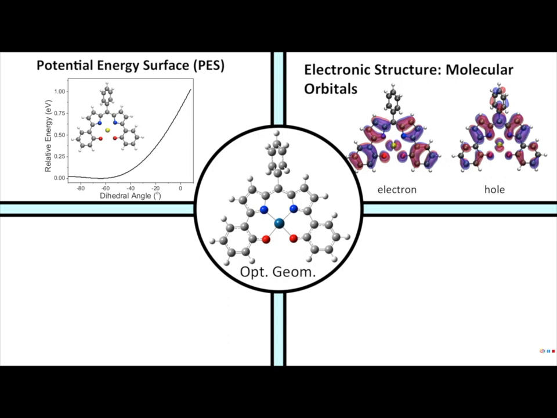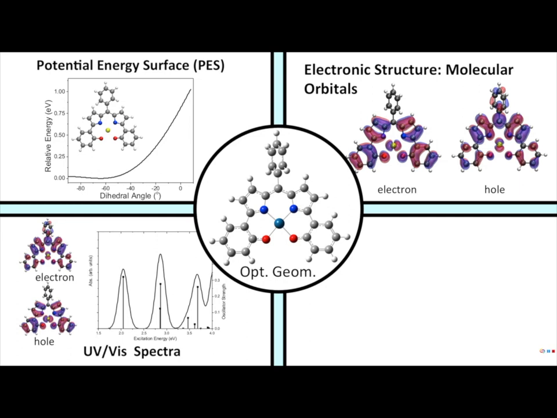We can do it for different states, occupied, unoccupied. What we call occupied would be holes, unoccupied would be electrons. So this information might be useful for knowing the properties of the materials.